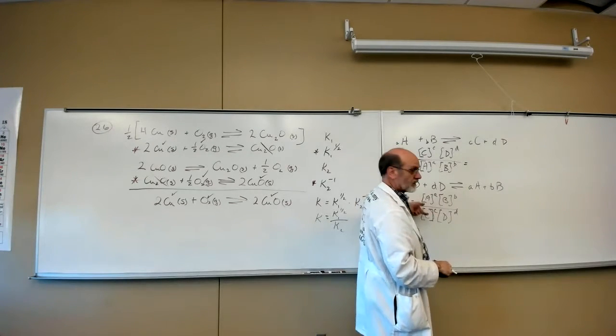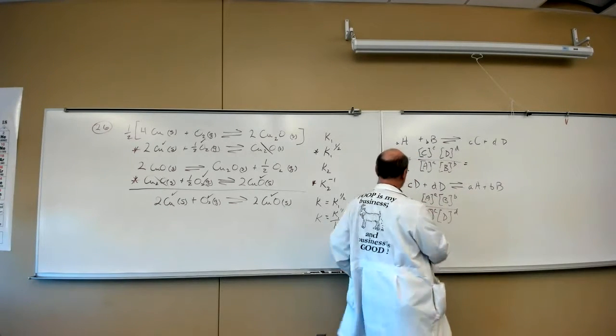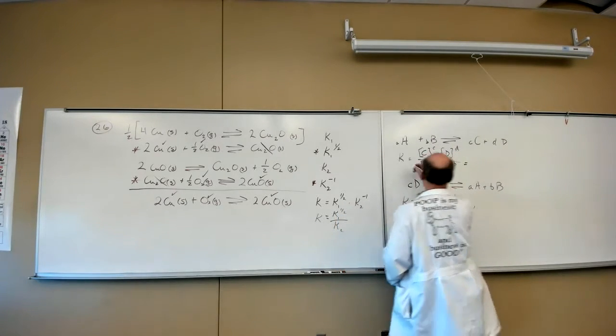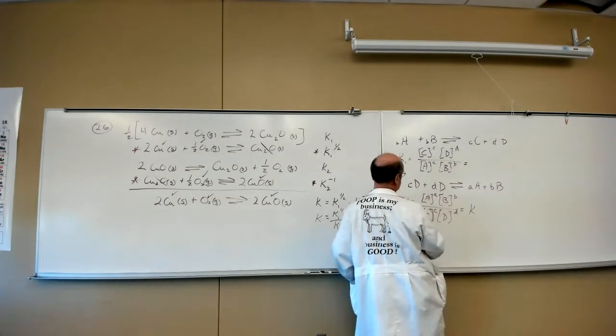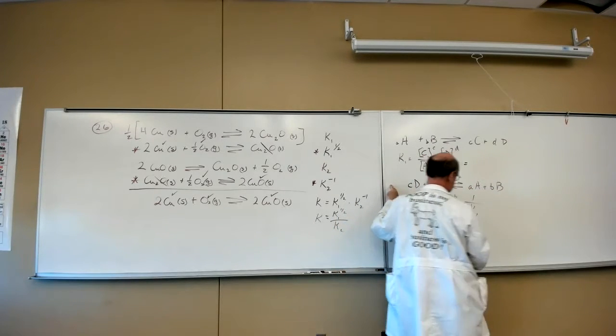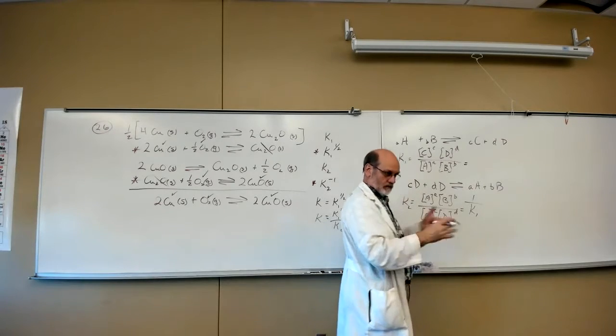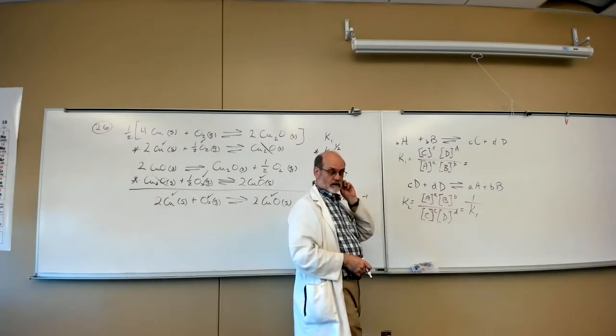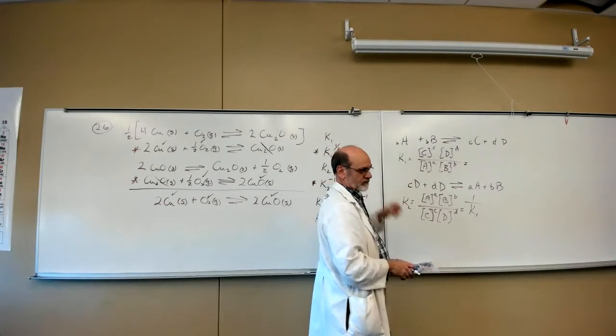It's just the inverse, isn't it? All right. So this one is the same as, let's see, then this one would be that one, like that, or K to the minus 1 power. That's why it works.